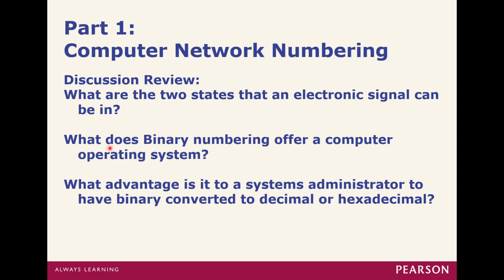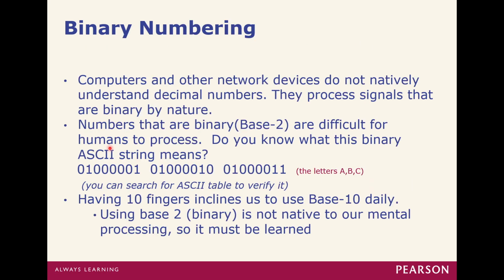It's usually a way to convert the signals into code that can be viewed and managed. What are the advantages when a system admin has binary converted to decimal or hex? It usually provides a more manageable way to input, manipulate, and output from computers.